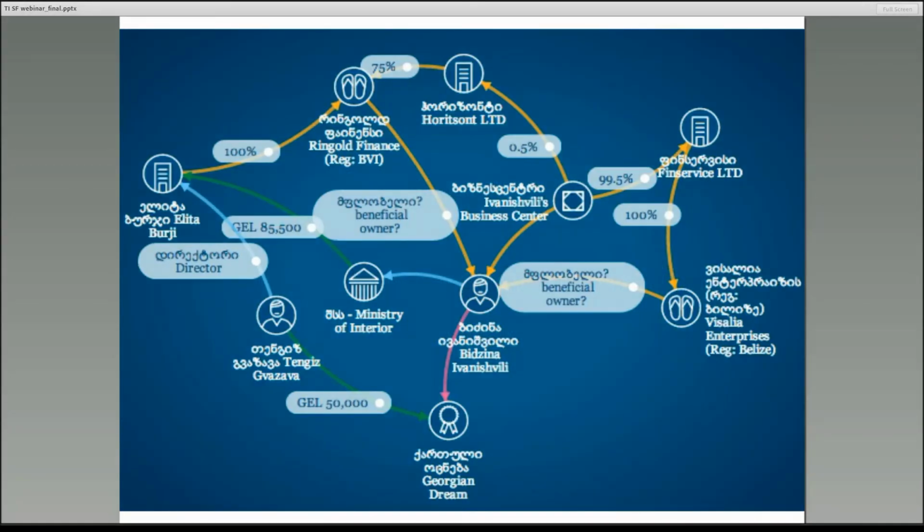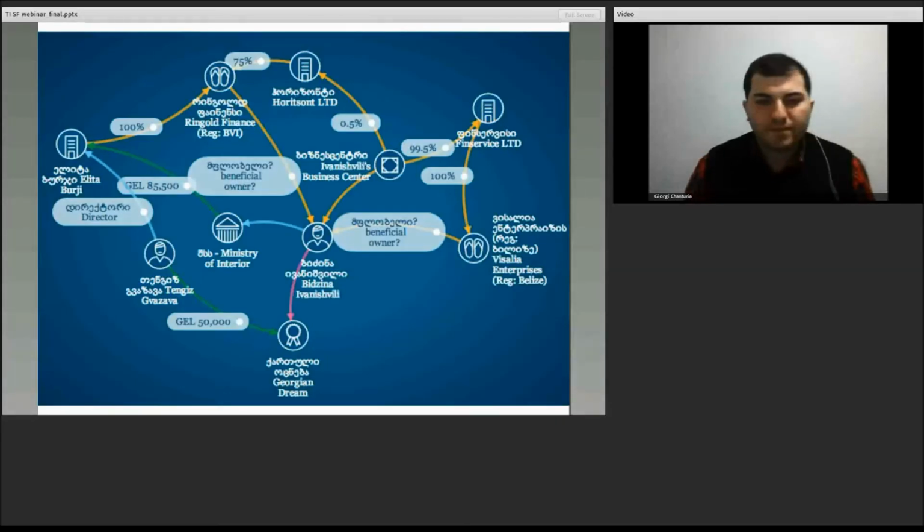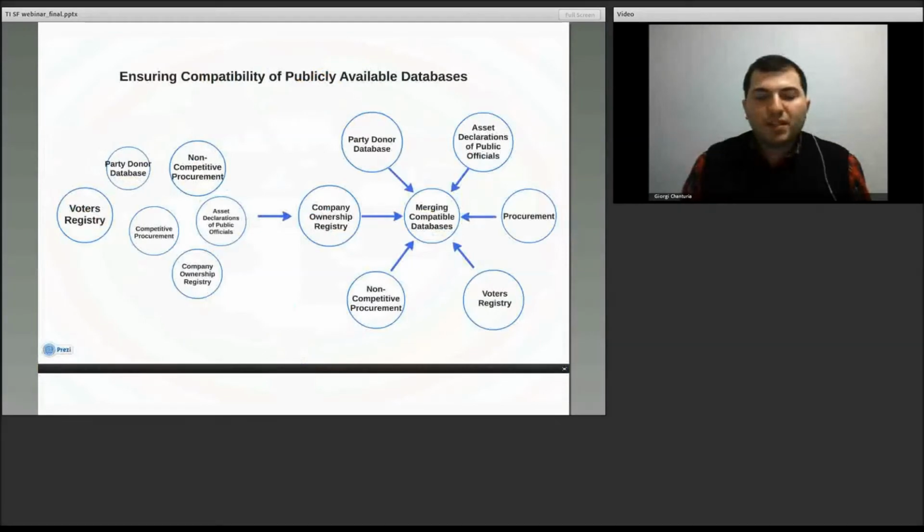There are lots of publicly available databases in Georgia, but the real trick is making them interconnect with each other. For that we use the process called scraping. Basically, the problem is that all of the databases are accessible via web platforms which are custom developed by each individual agency.